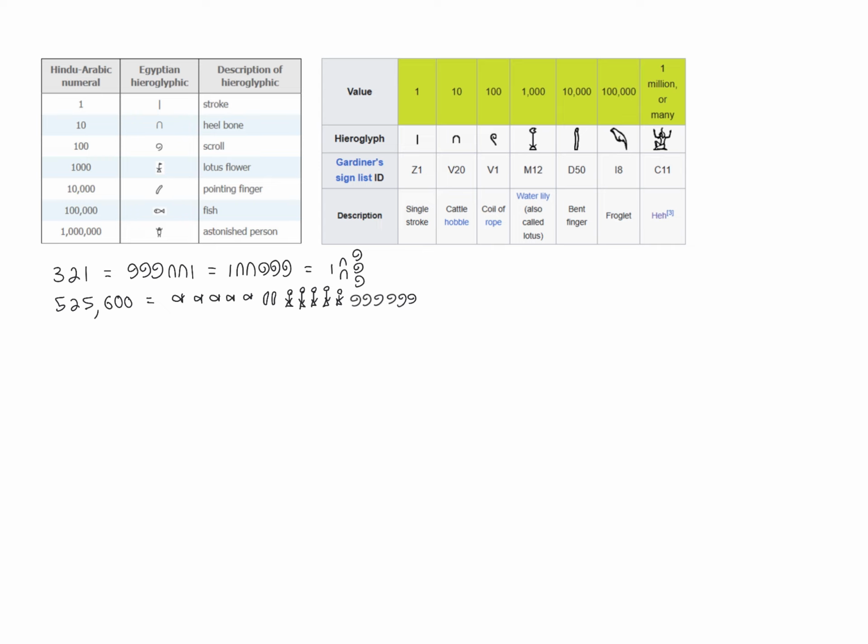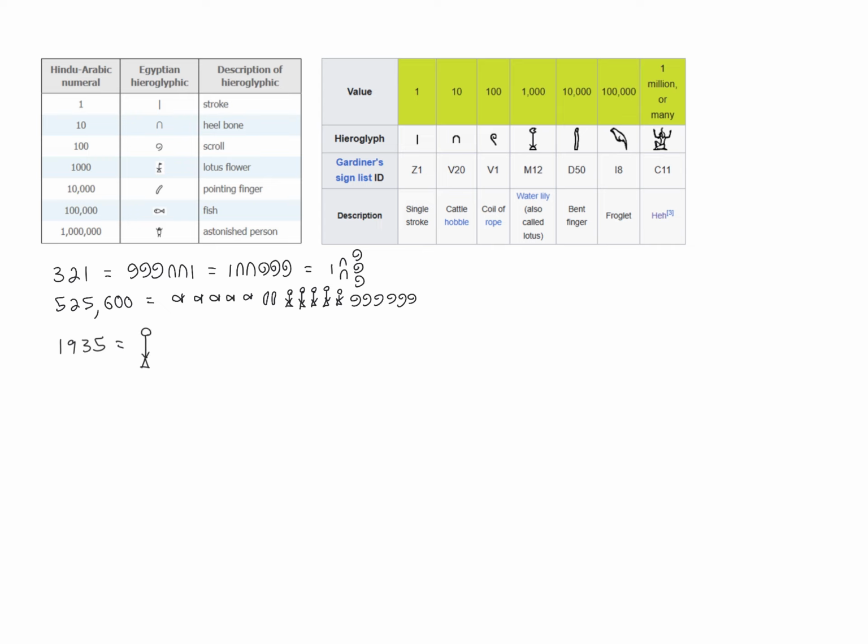We can think of other numbers as well. For example, City College of San Francisco was founded in 1935. If we wanted to write that, that is 1,000, which is 1 lotus flower.